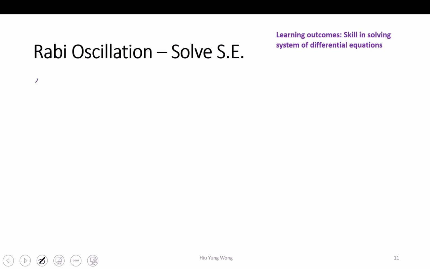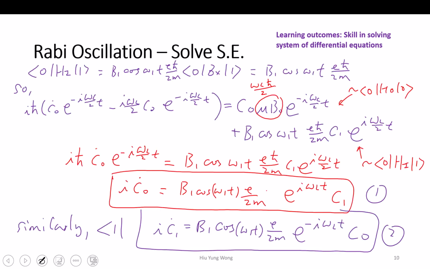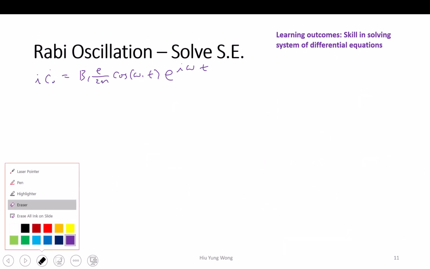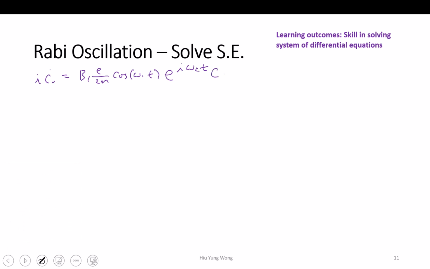We have iC0 dot equals B1E divided by 2m cosine omega1t, and then e to the power i omega_L t, C1. Okay, that's how it works.